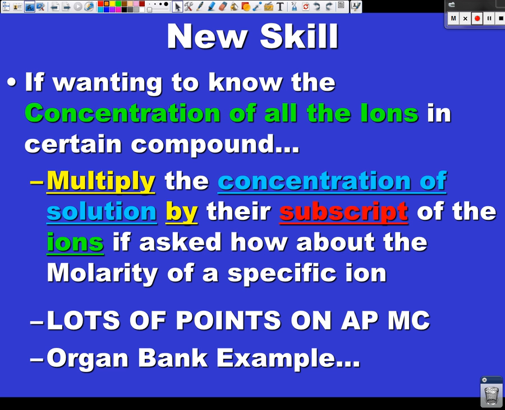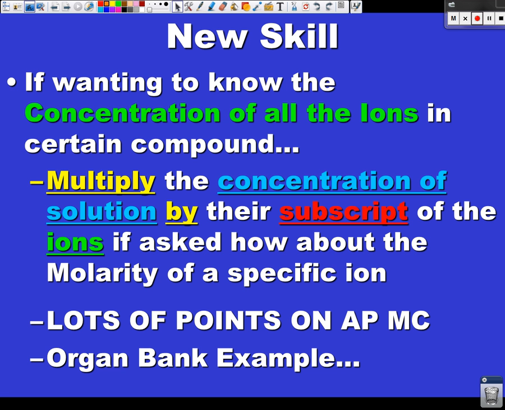Sodium. How many anions are in sodium hydroxide? What is it? Hydroxide. So here's the deal. You multiply the concentration of the solution, what I said the concentration was, 1, by the subscript of the ion. And that's the concentration of the ion in the compound.